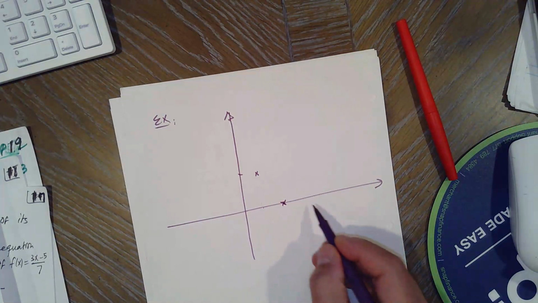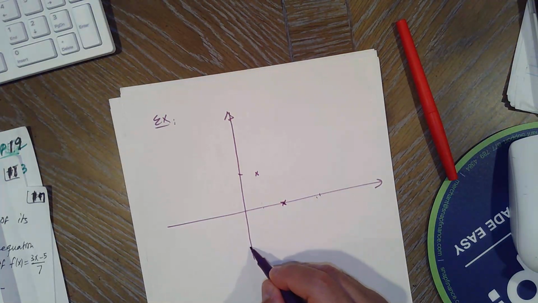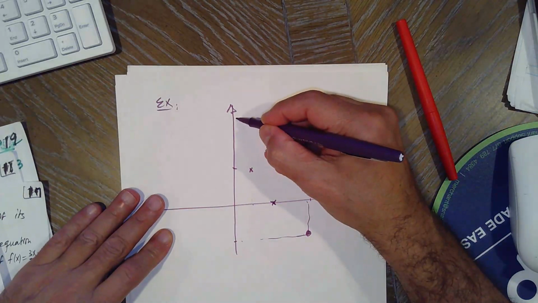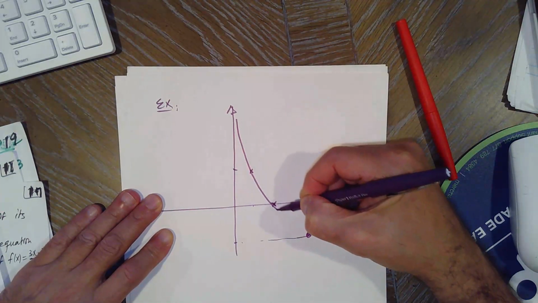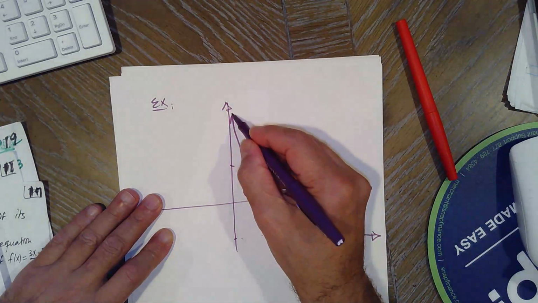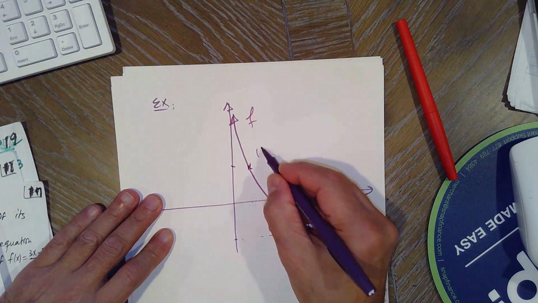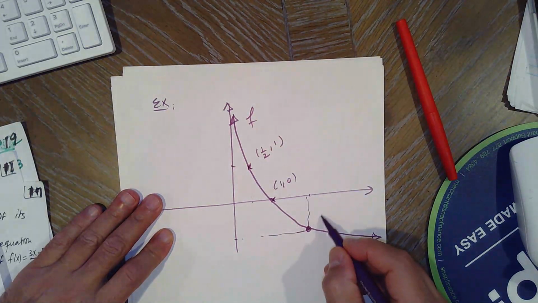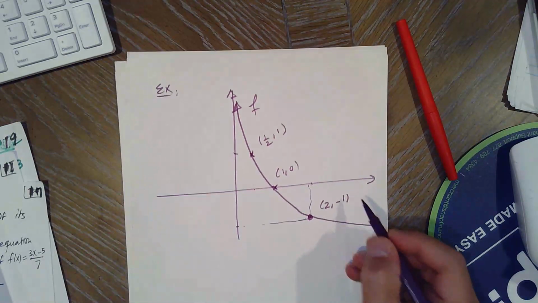And it goes through (2, -1). These are the 3 known points on the graph of f. So I'll give you something like this. This is (1/2, 1), (1, 0), and then (2, -1).